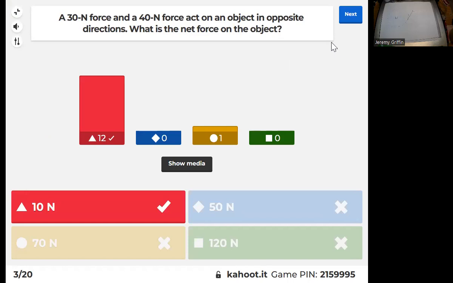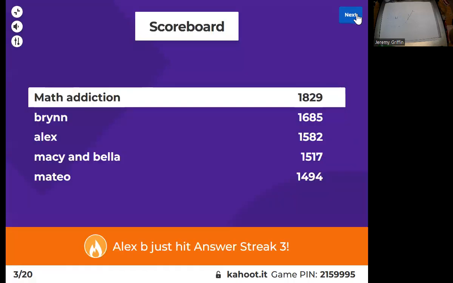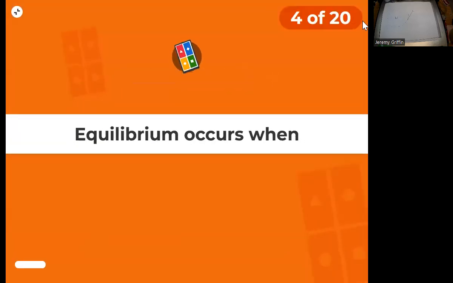Opposite directions, so you subtract them from each other. There you go, 10 newtons. Got Alex on fire. Got Mateo, Macy and Bella, Alex, Bryn, math addiction. Oh yeah, equilibrium.